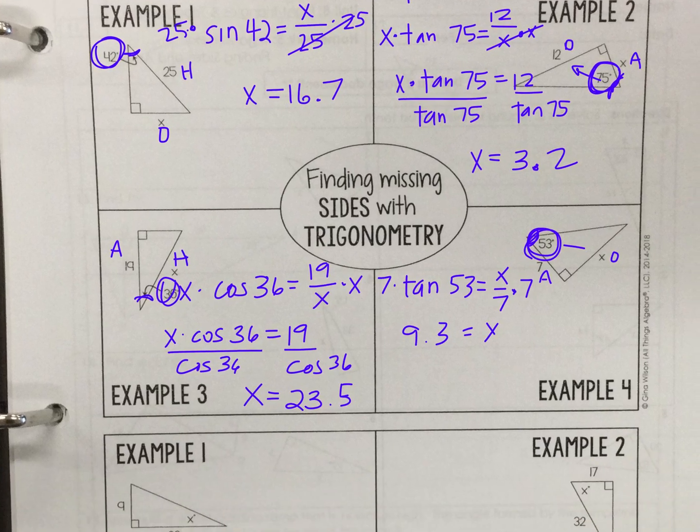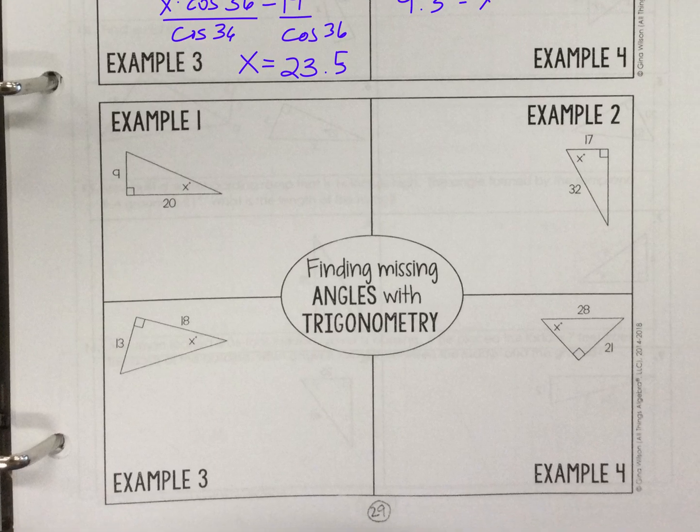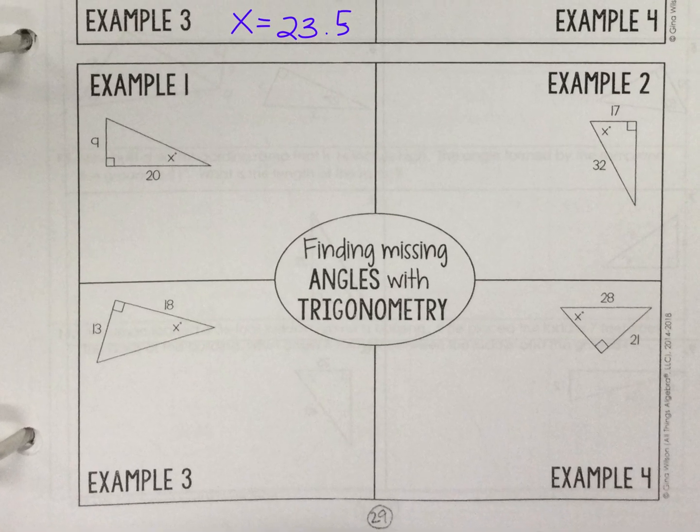Now we're going to switch gears, and when we don't have an angle number, but we have two sides, we're going to find the angle measure. So we do the same thing though. Across from that x, I've got an opposite and an adjacent. So the tan of x equals opposite over adjacent.